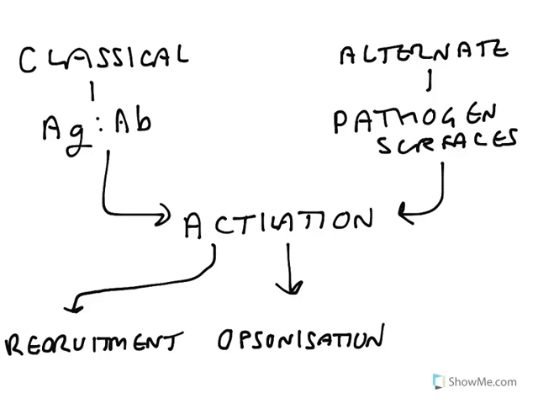The third effector function of the complement cascade is direct killing of pathogens. And the way that complement typically kills pathogens, usually bacteria in this case, is by forming holes in the bacterial cell wall.